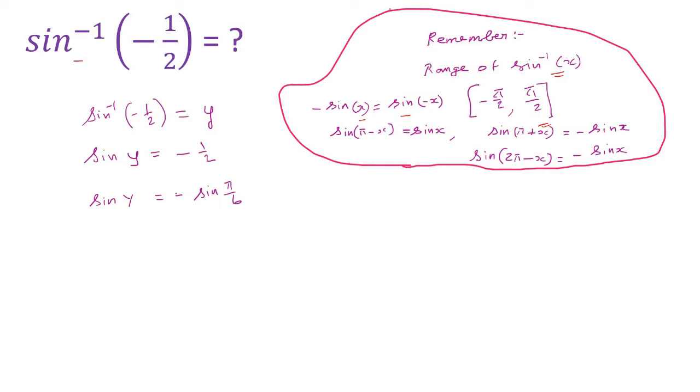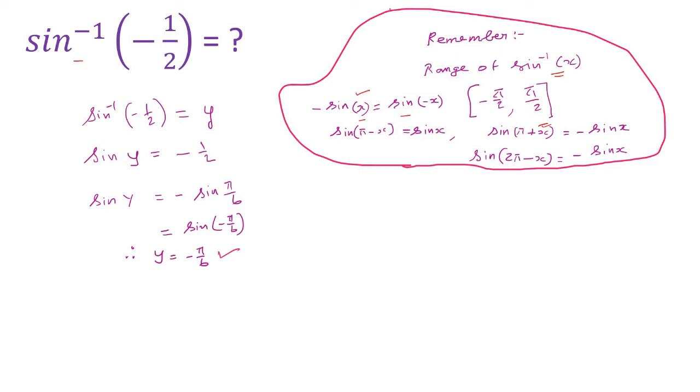But now you see this is minus sine x, and minus sine x is sine minus x. So you can write this as sine minus pi by 6. So sine y is equal to sine minus pi by 6, and you get y is equal to minus pi by 6. This is one value.